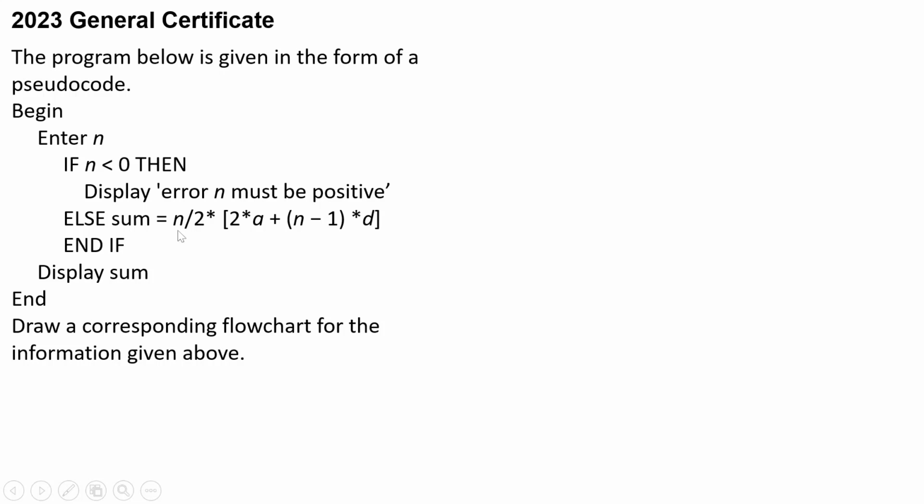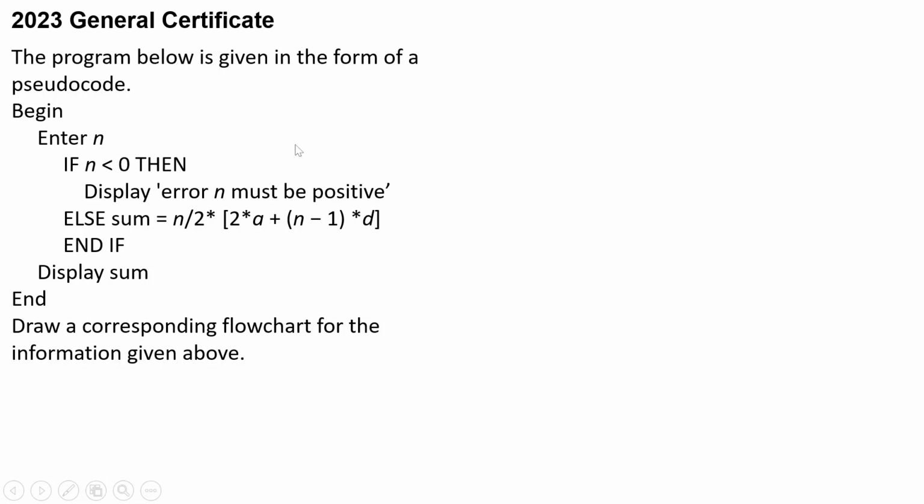Else sum is equal to n over 2 times open brackets 2 times a plus open brackets n minus 1 close brackets times d close brackets. End if, display sum, end. Draw a corresponding flowchart for the information given above. So this is what we are going to do here, guys.